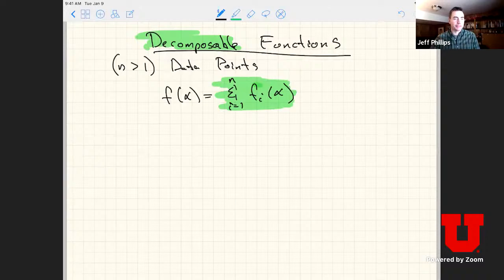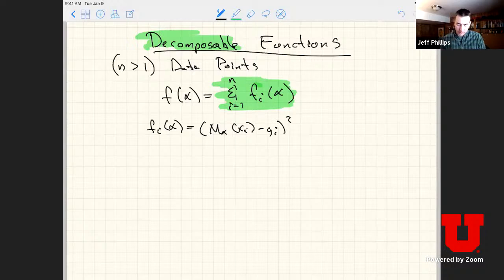In the common example where f_i of alpha equals (m of alpha, x_i minus y_i) squared, what this corresponds to is that f of alpha is going to be the sum of these terms f_i, which is equal to the sum of the squared error between x and y and this model.